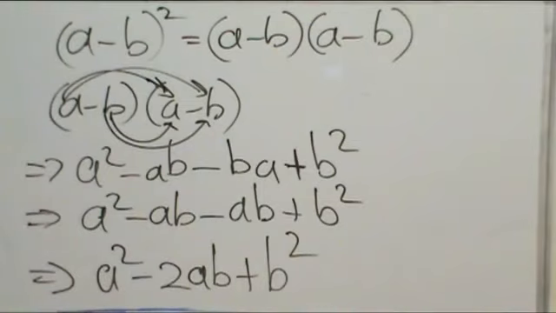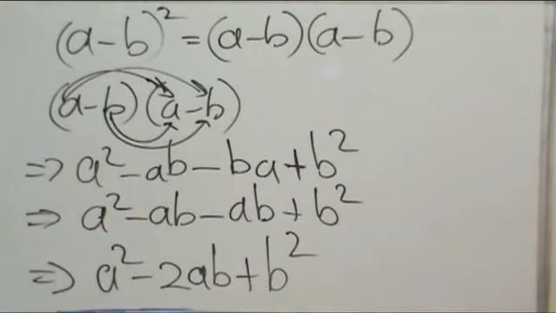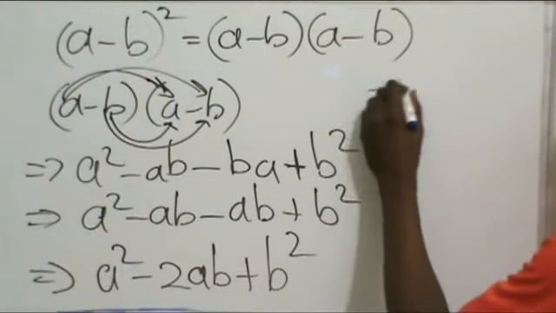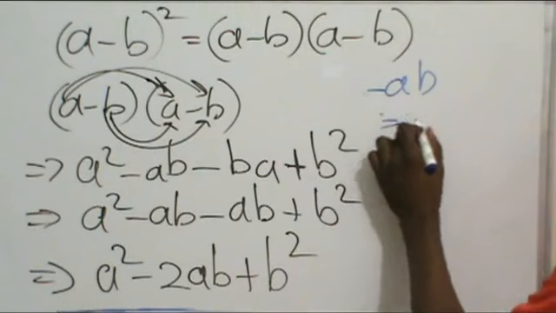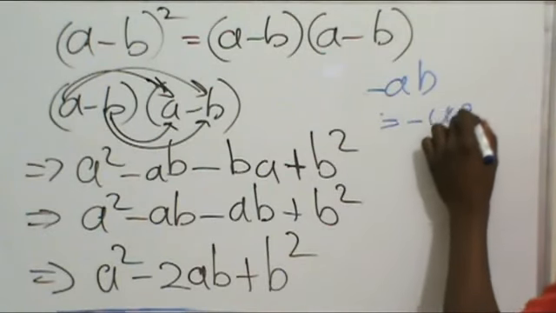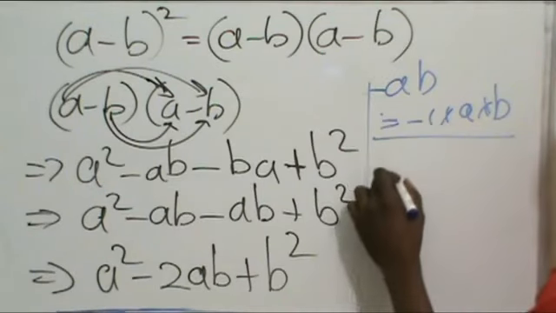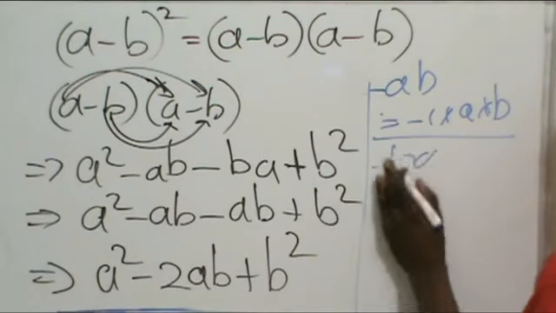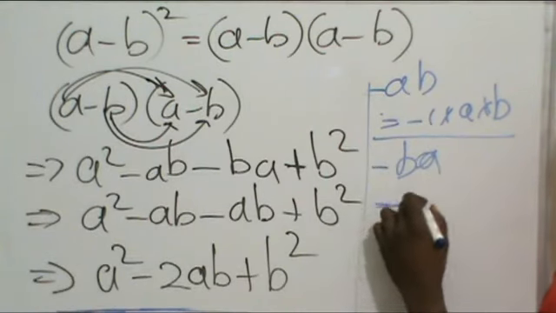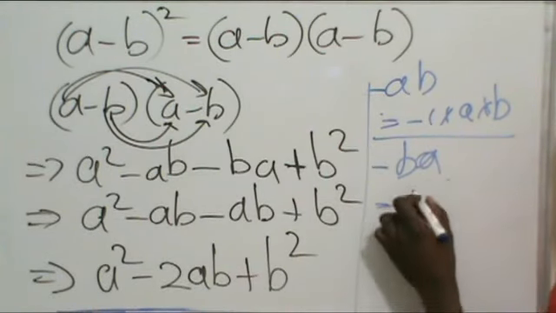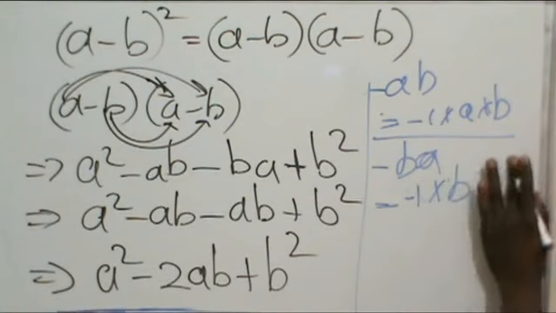You want to know why minus ab is the same as minus ba? Because minus ab is the same thing as minus 1 by a by b, and minus ba is the same thing as minus 1 by b by a.